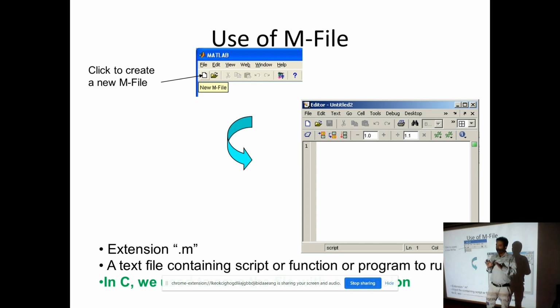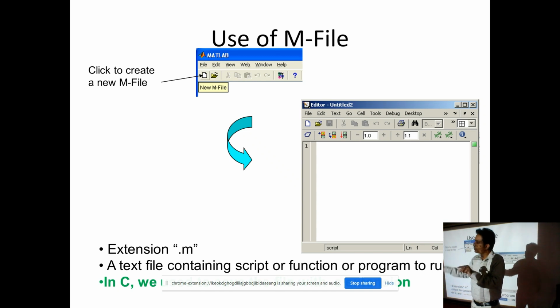Okay. So when you start opening the M files, this window will open, and here are the options available: file, edit, text, etc. And this is called an M file because, for example, if you open a C program, a window also comes and we save that file in .c pattern.